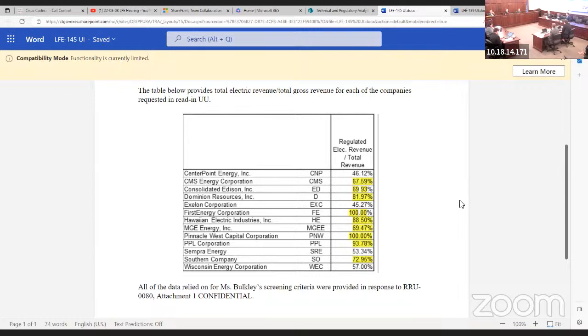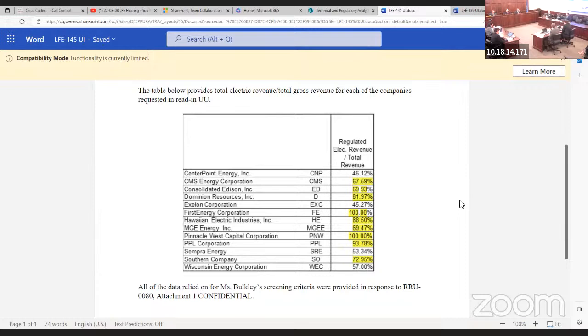So what we're looking at when we use operating income is we're trying to identify the companies that actually have contributions to earnings from regulated operations. So similar to gas companies that have a tremendous amount of revenue associated with gas costs, those costs are a pass-through and they don't actually affect earnings. And so that's the same concept when we're using revenue for the electric utilities.